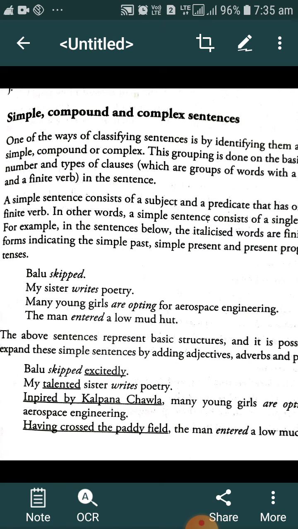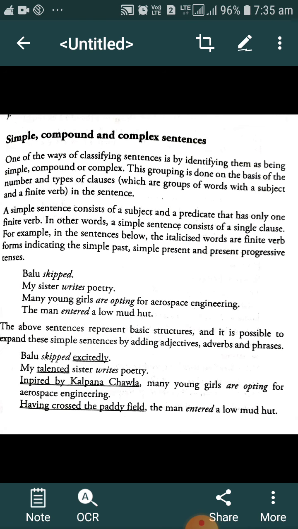Adjective, you know very well, describes a noun. Then adverbs generally give extra information about the verb, the action, in what way that action was completed or is going on. And then phrases are groups of words that describe something.